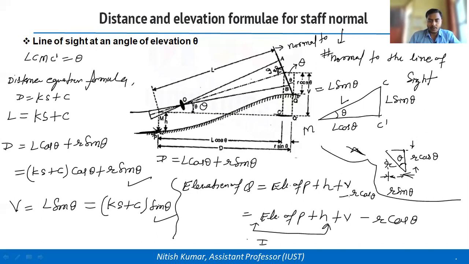So once the height of instrument axis is given, it means elevation of P plus H is given, right? In the case when the staff is kept normal, we can apply D is equal to Ks plus C cos theta plus R sin theta. To calculate the V, we can use this formula: Ks plus C into sin theta.